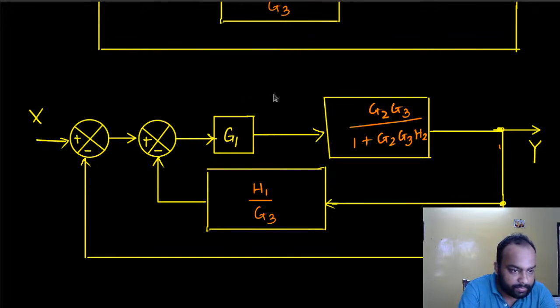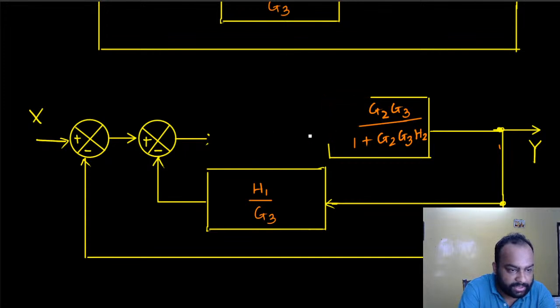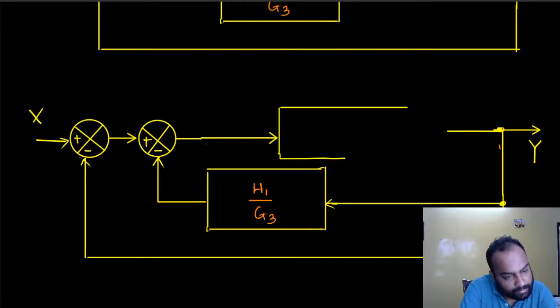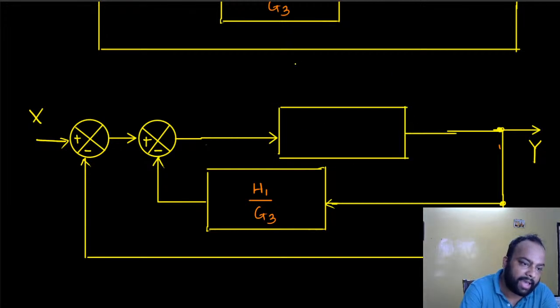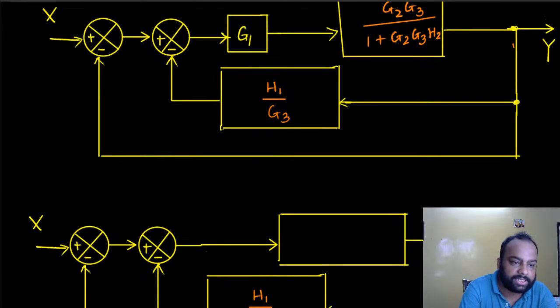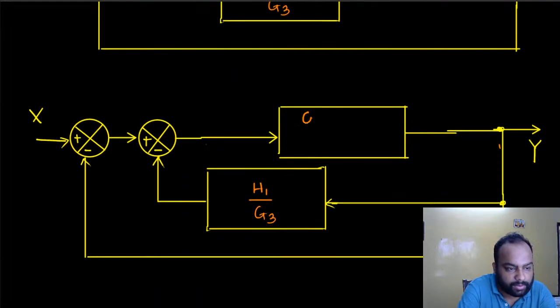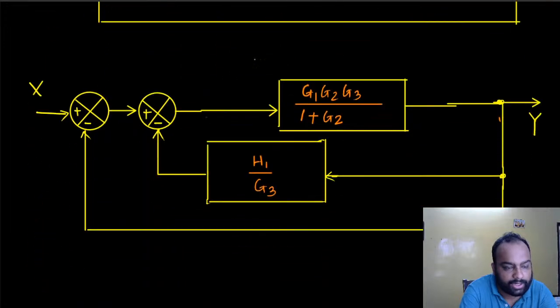If I remove this and write everything as a combined cascade block, what I would have here is G1 G2 G3 divided by 1 plus G2 G3 H2.